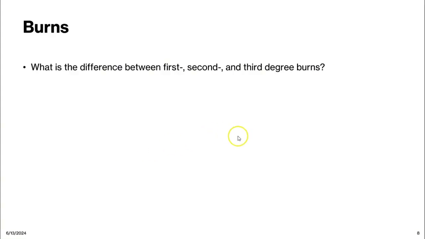And then third degree burns are sometimes referred to as full thickness burns because they affect the epidermis, the dermis, and then go down into the hypodermis. Third degree burns have destroyed all of the sensory receptors in the skin, so there is no pain associated. Even though it's a more severe burn, there's no pain associated with third degree burns because the sensory receptors have been destroyed.